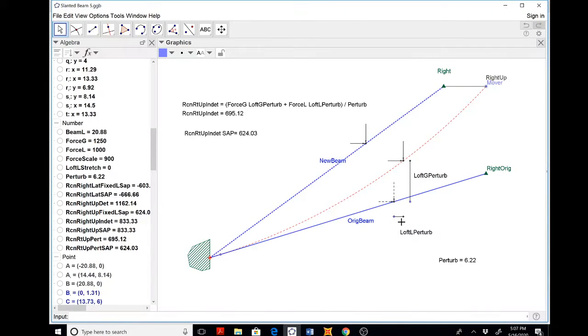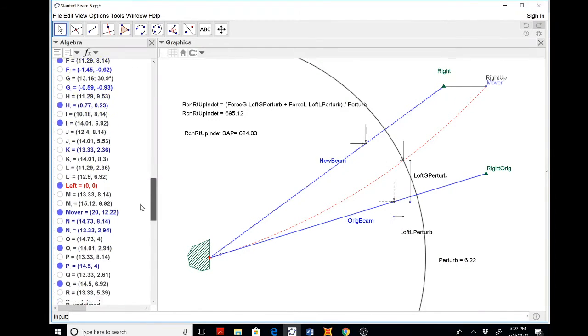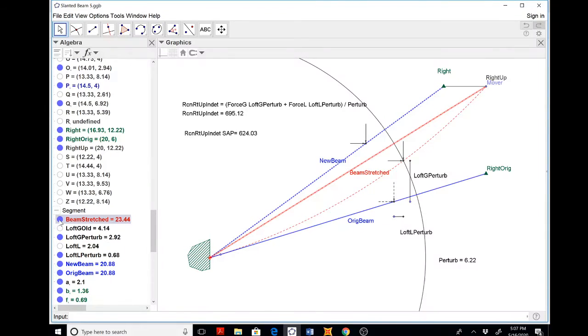And the loft L perturbed is this, L for lateral, the loft G for gravity perturbed is this. Super easy. The only slightly tricky thing, I think, is that you do need to respect where that load is. And what I did was I just said it's 2/3 of this stretched beam.